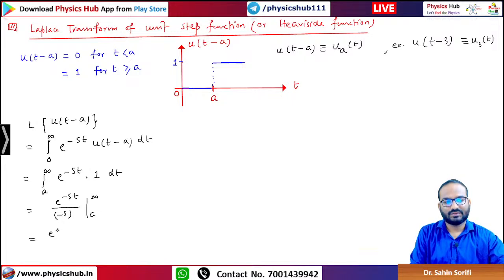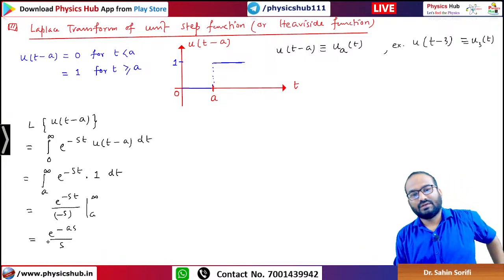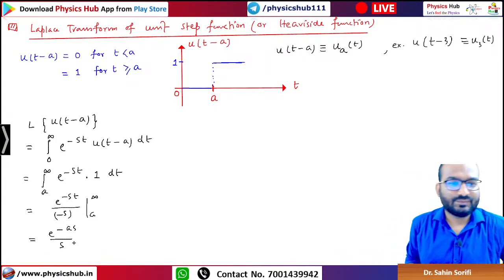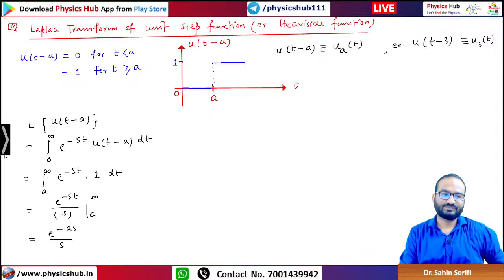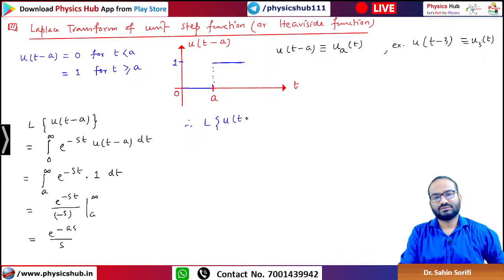So this is e to the power minus as by s. So the Laplace transform of u(t minus a) is equal to e to the power minus as by s.